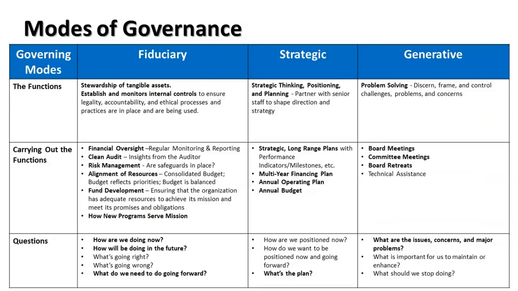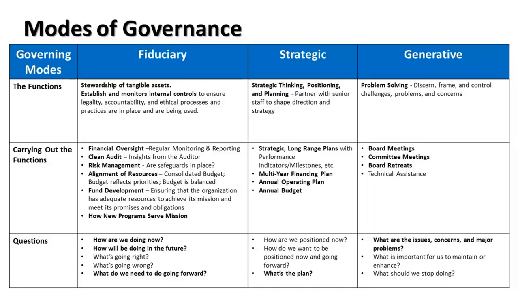So just to keep it simple, if we think about the fiduciary role, we are temporary custodians and stewards of the assets. We establish and monitor internal control. So we take care of these assets and we put in place things like financial oversight. We ensure that our audits are clean, or that if they're not, we're addressing what needs to be addressed as a result.